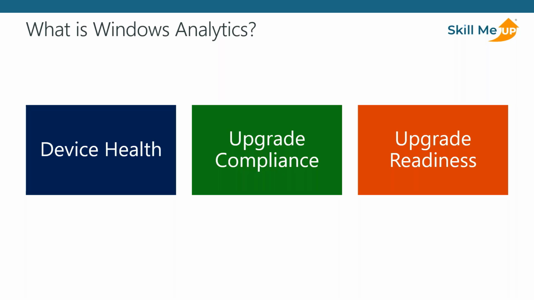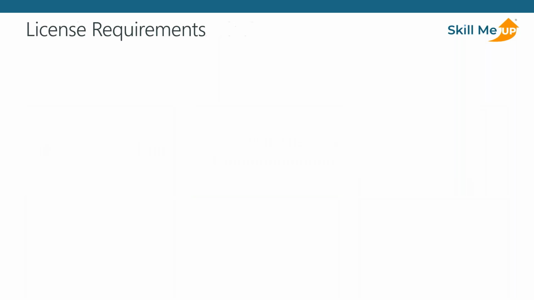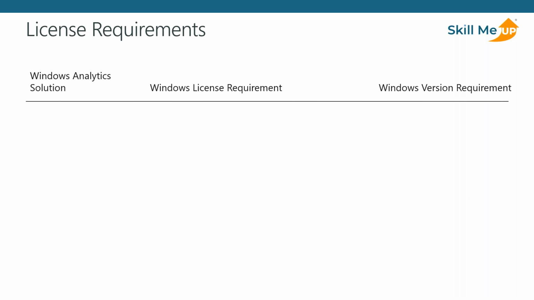Device health is obviously about the device itself, for example, Windows 10 device. Upgrade compliance and readiness is all around the ability for your environment to, for example, take Windows 10 devices, autopilot, etc. The license requirements here, so beyond the cost of the Windows operating system, there's no additional cost for using Windows Analytics.